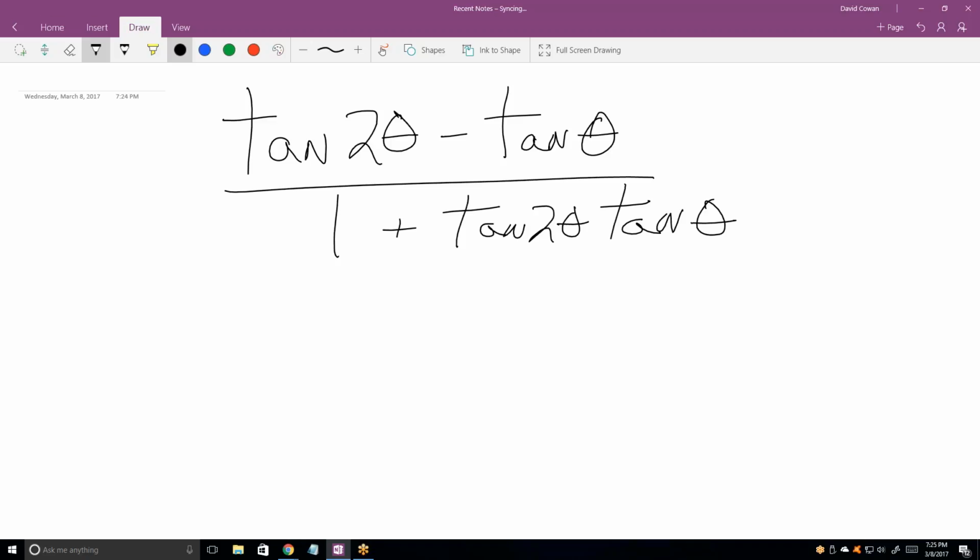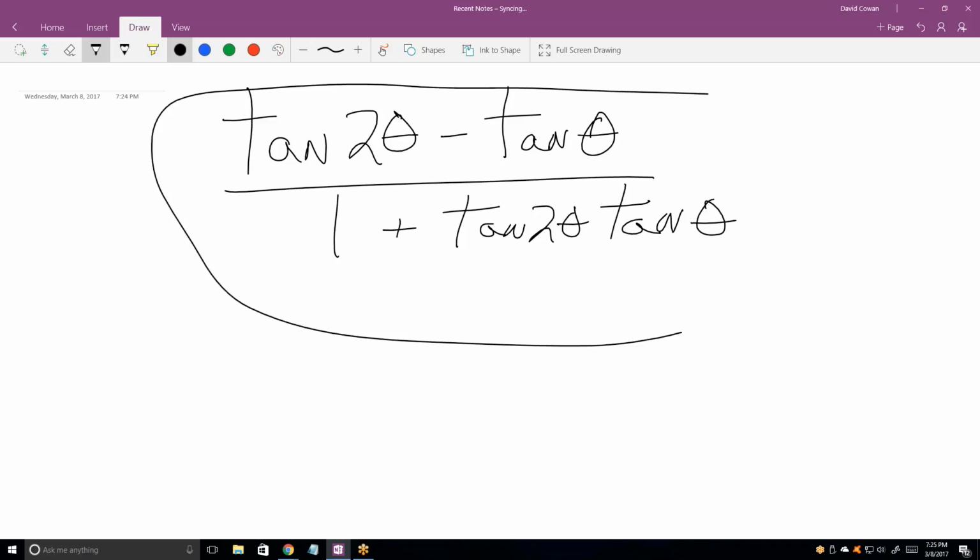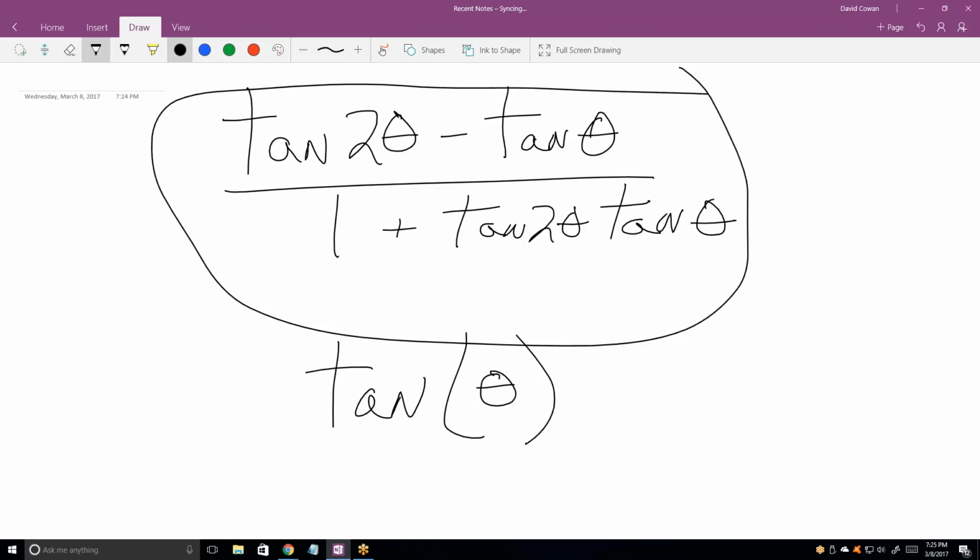In other words, if you just gave this to somebody and you weren't in this topic, they'd look at that and not everybody would recognize that that's the sum and difference for tan. So, what is it? Tan of 2 theta minus theta, which just becomes tan of theta.